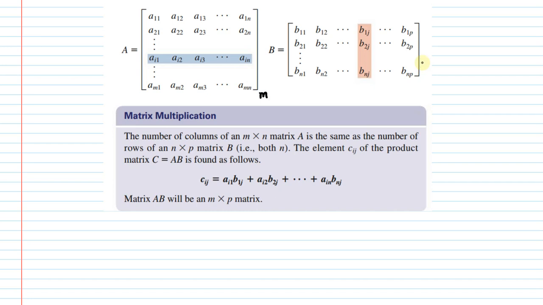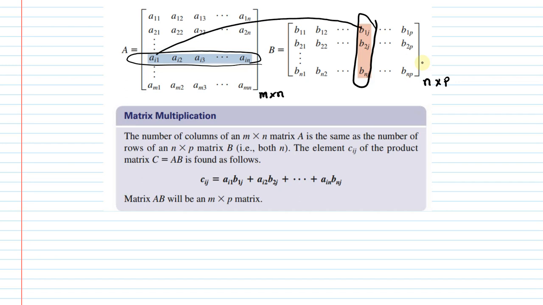The way this multiplication is done is that you look at the ith row of matrix A and the jth column of matrix B. You multiply ai1 times b1j, then ai2 by b2j, and so on and so forth.